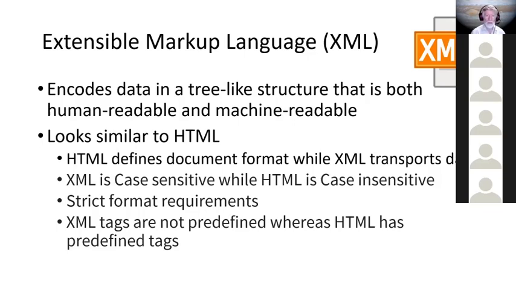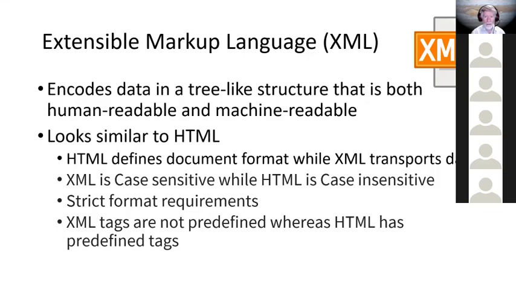For that 95% of you who know HTML, XML sort of kind of looks like HTML. Both of them are created from the generic markup language, or GML, which nobody knows. HTML is there to define a document format to some extent, how a document should be displayed, what should be displayed on the screen, whereas XML is a data format.